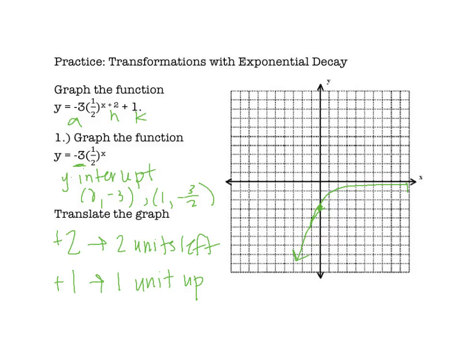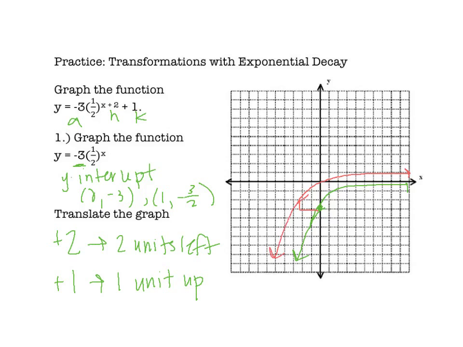Which means that this point, which was at 0, comma, negative 3, is moving over 2 and up 1. And this point, which was at 1, comma, negative 3 halves, will move over to negative 1 and negative 1 half. And it should curve down.